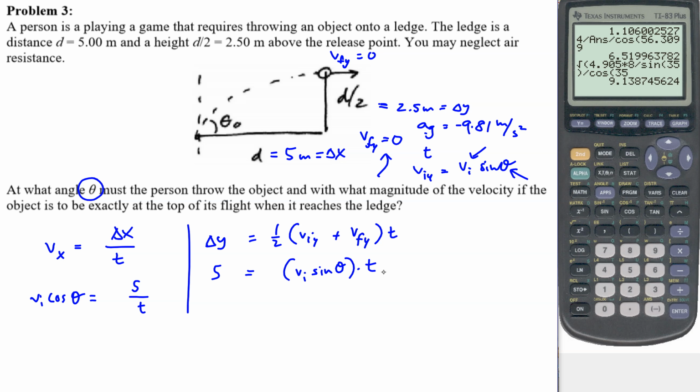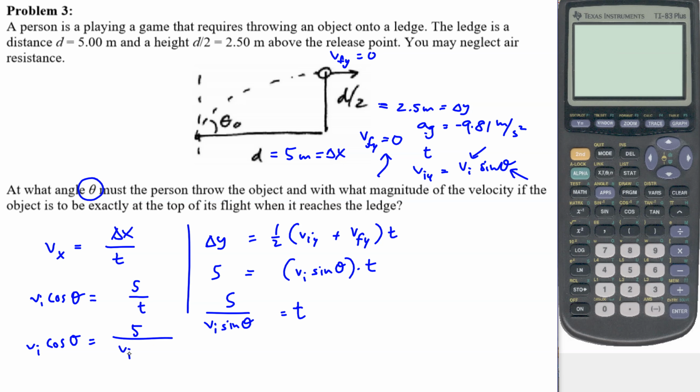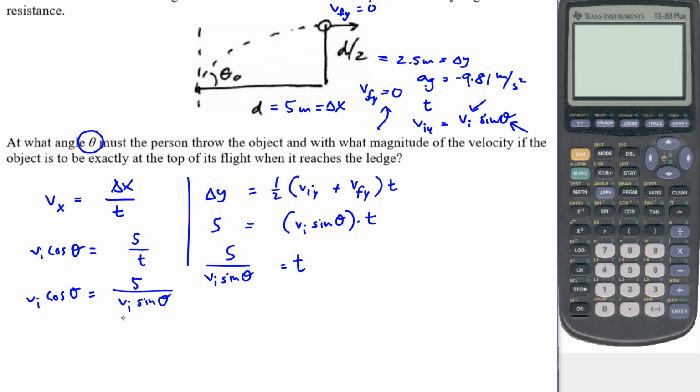And look at this. It's the same time here as here. So let's isolate t, and then substitute our expression. Whatever we get here, we're going to plug it in for t right there. When I isolate t, I divide by what's in parentheses. And if I plug that in, VI cos theta, 5 over VI sine theta. Whoa, hang on, what happened?